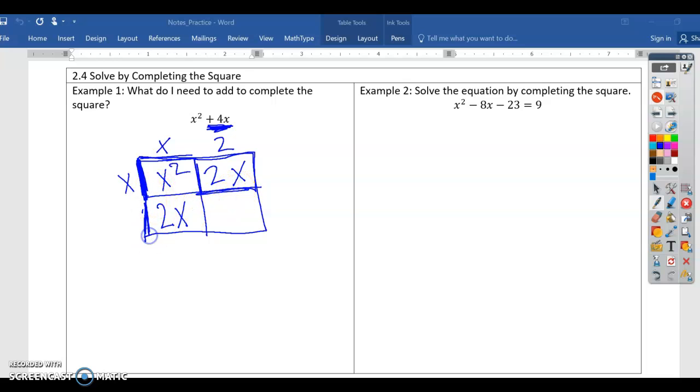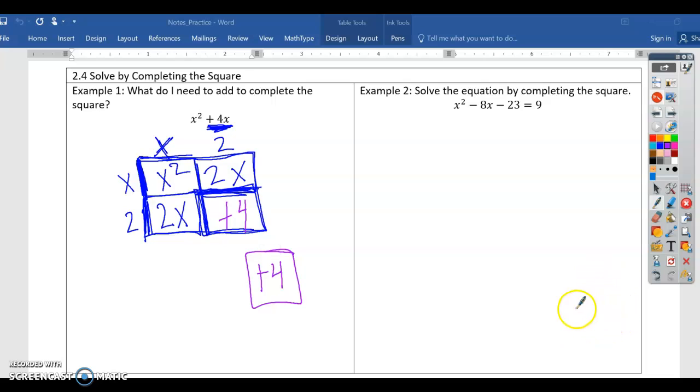And then this other little square at the bottom left, this length is x, so this length must be 2. So what is this missing box going to be? Well, this length is 2, this length is 2, so the area is going to be a positive 4. So that's my answer, because that's what I need to complete the square.